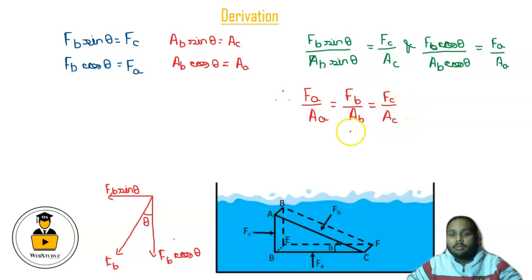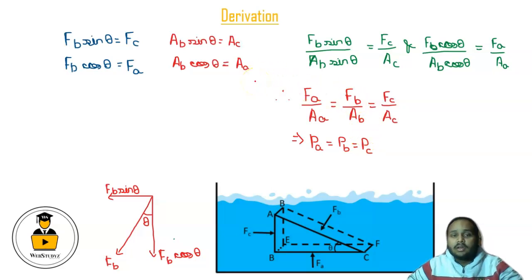Also we know that pressure is equal to force by area. So this is ultimately pressure at A equal to pressure at B equal to pressure at C, which is the final result of this derivation.